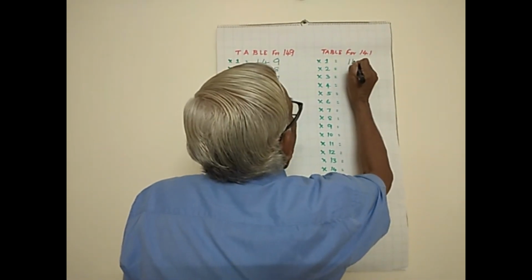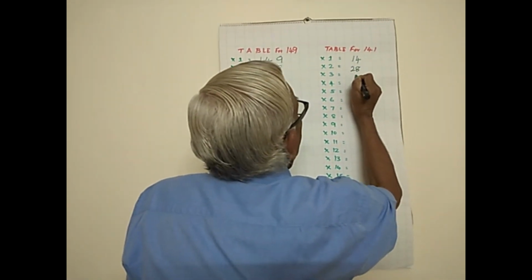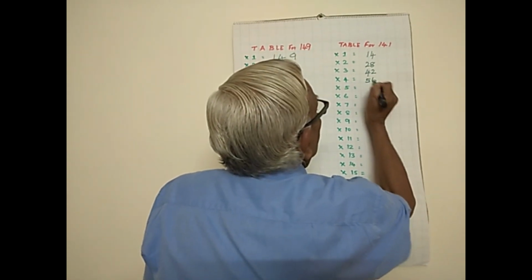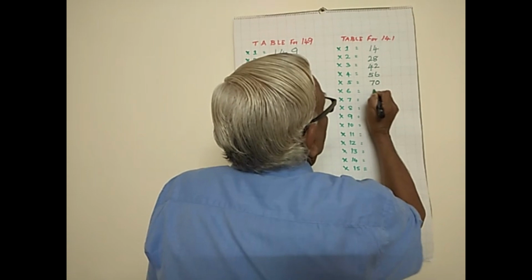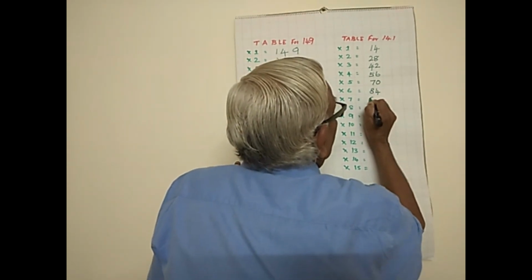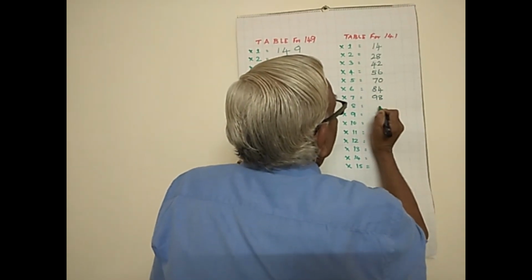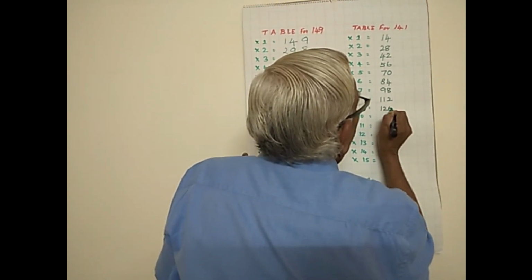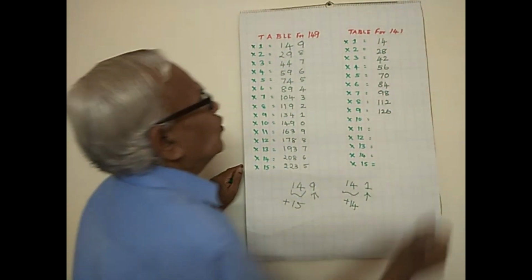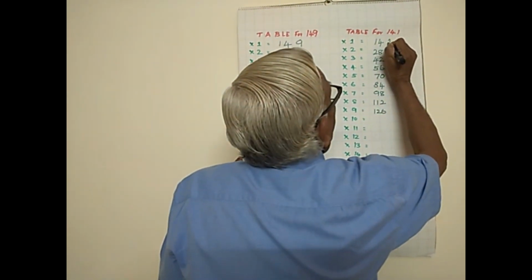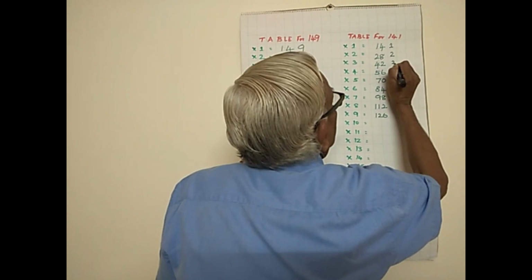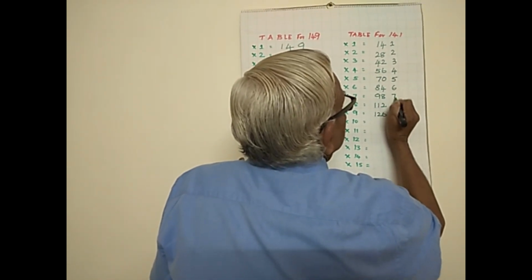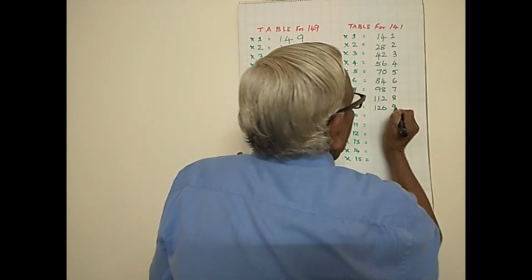So 14, 28, 42, 56, 70, 84, 98, 112, 126. What about the unit digits? It is 1, 2, 3, 4, 5, 6, 7, 8, 9.